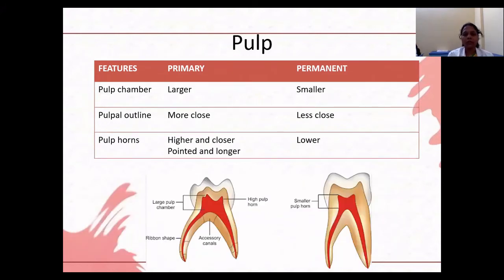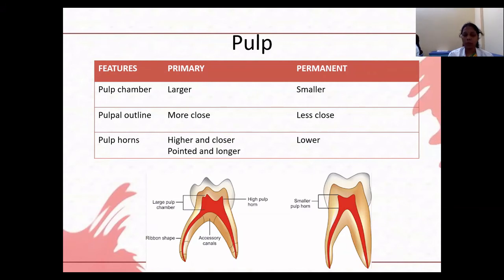And next, moving on to the pulpal difference. In the picture you can see the pulp horns and the pulp chamber of the primary teeth will be larger when compared to that of the permanent teeth.